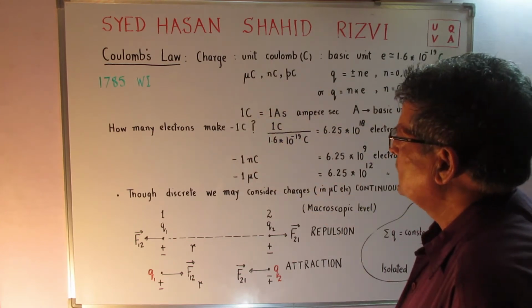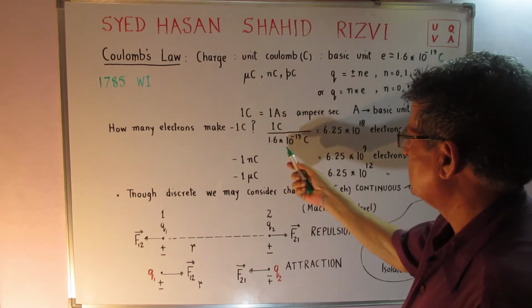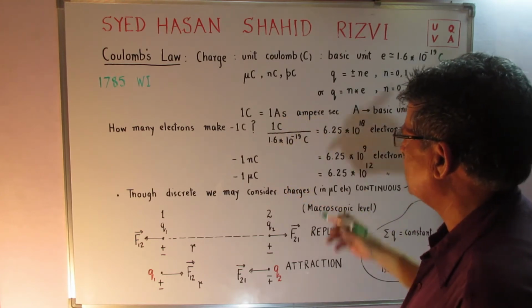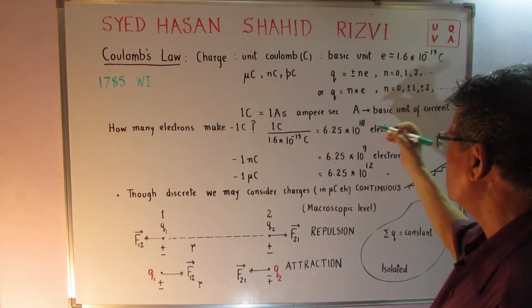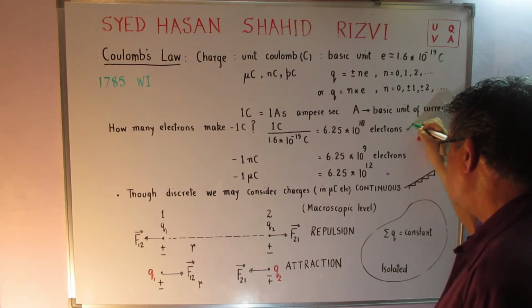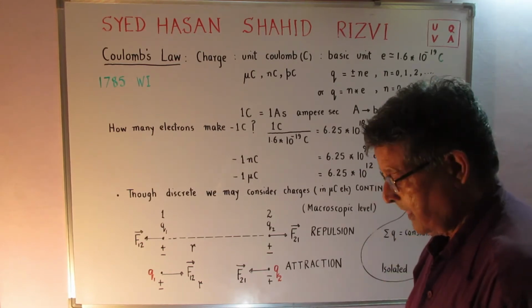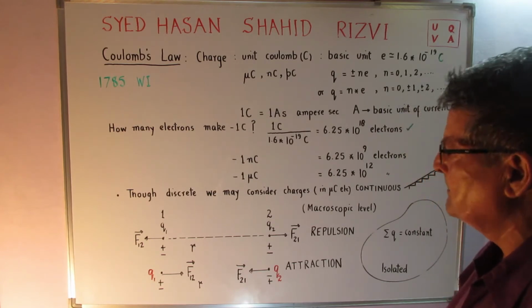I just divide 1 Coulomb by 1.6 into 10 to the power of minus 19 Coulomb, which turns out to be 6.25 into 10 to the power of 18 electrons. How many zeros are there? 18. So it's a very large, huge number.